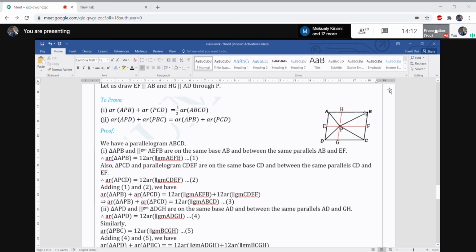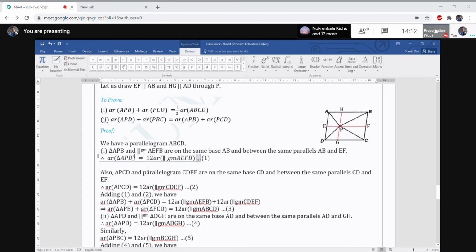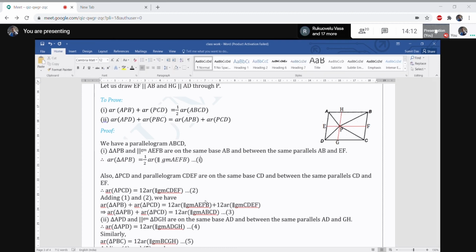In APB and parallelogram AEFB, they are on the same base and between the same parallel lines. If you see this one, I will show you. APB is a triangle on the base AB, and AEFB is a parallelogram.